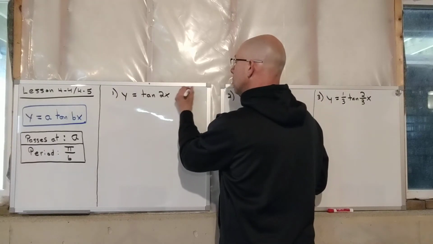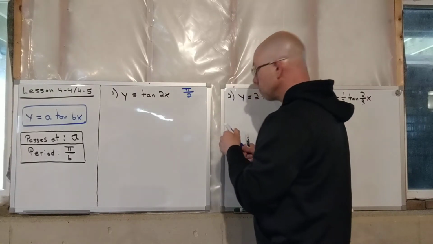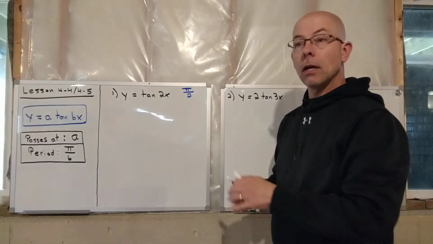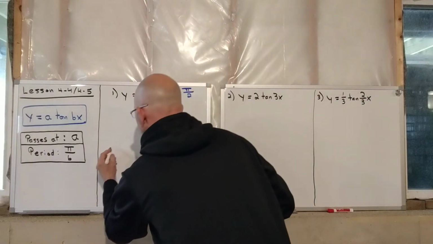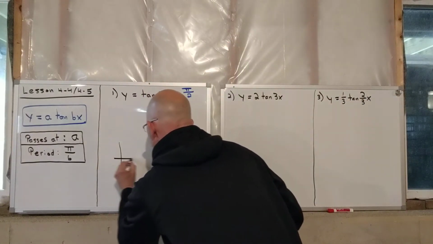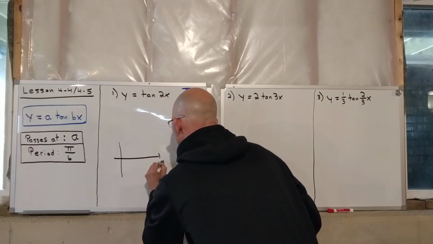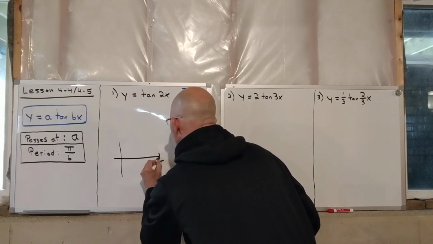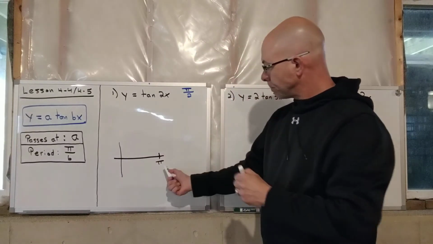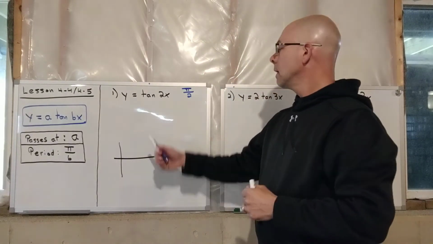So pi divided by 2. Simple as that. There's the period. So as I go to draw this graph, it'll end at pi.